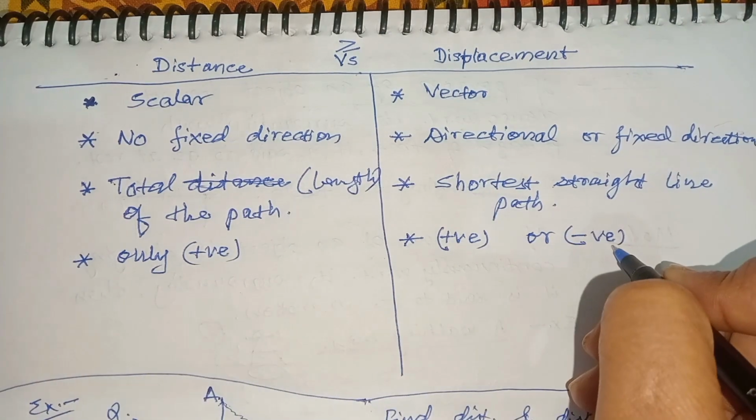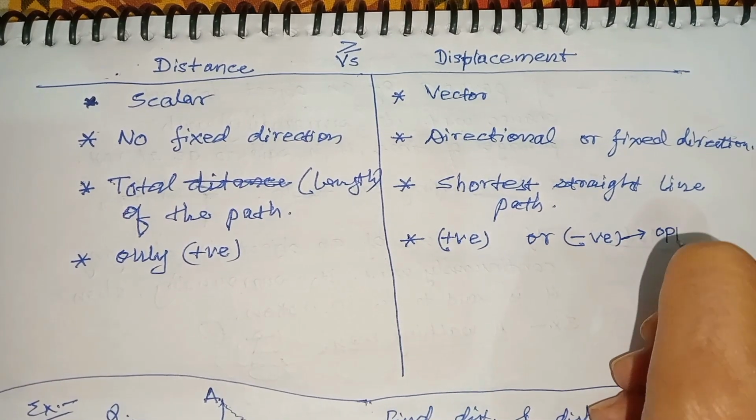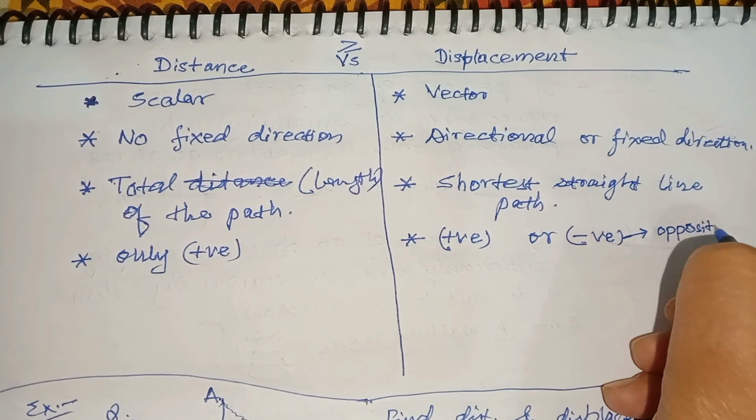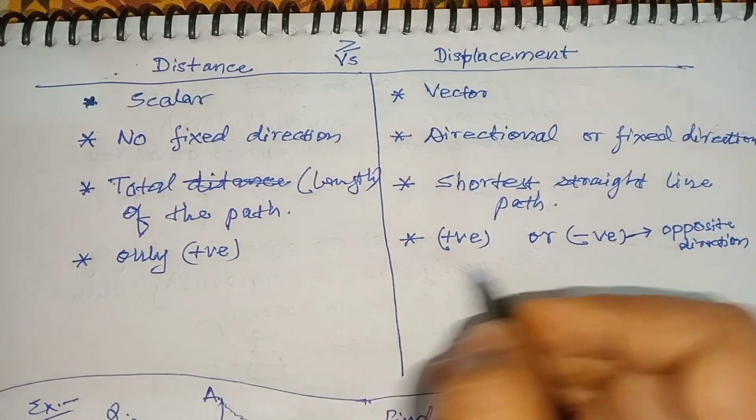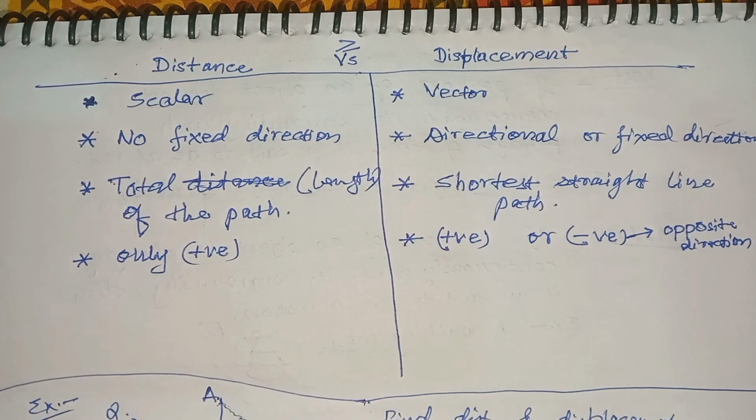Negative displacement means opposite direction. Where you see negative in a vector quantity, it always means it has a reverse direction. Negativity is a sign of opposite direction.